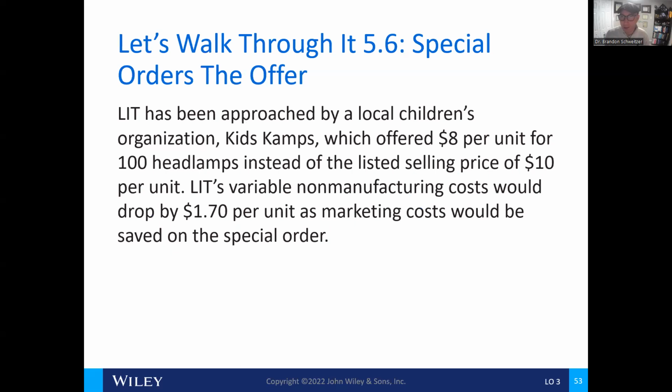We've been approached by a potential customer who's offered us $8 per unit for 100 lamps instead of the list price of 10. The variable non-manufacturing costs would drop by $1.70 per unit in this case.